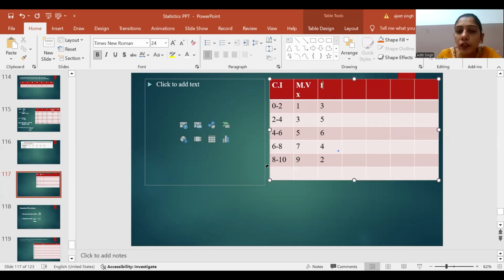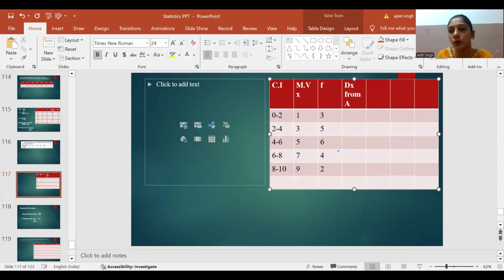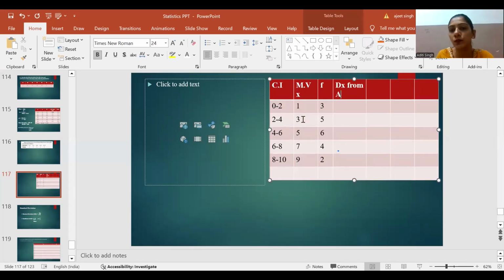Okay. Now what we have to do? We have to take an assumed mean so that we can calculate the value of dx from A, the assumed mean. So what will be the assumed mean for this question?